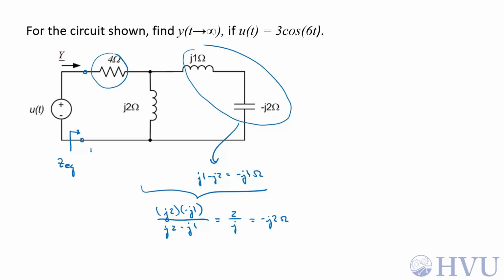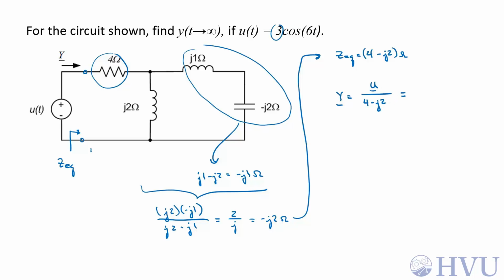So this 4 ohm resistance is in series with that, so the equivalent impedance, ZEQ, is 4 ohms minus j2 ohms. So now Y is the input phasor U over 4 minus j2 ohms. U is 3 at an angle of 0 degrees because this argument is 6t plus 0 degrees.